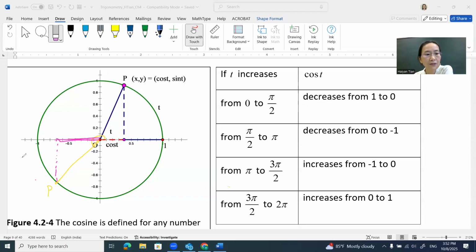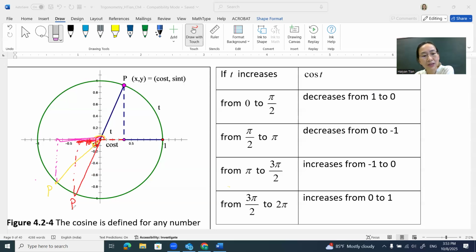So then if t is increased, for example, here is another t. Let's show this t is increased to this point. Then what will be the cosine t? Cosine t will be the x coordinate of this point P. So the x coordinate is here. So we notice it will be less negative, right?